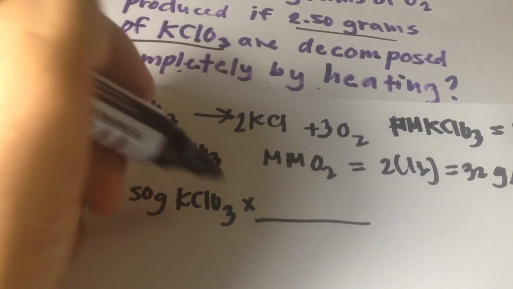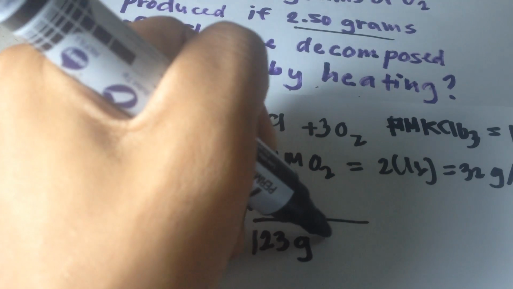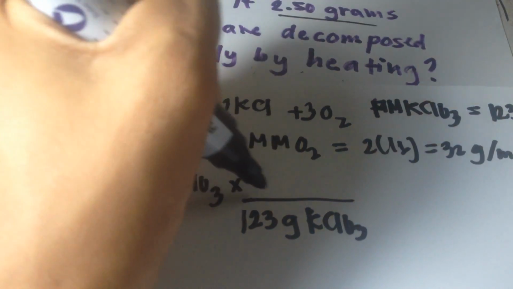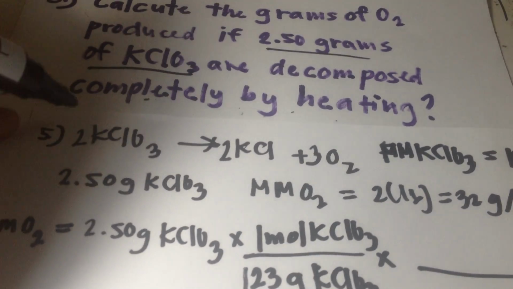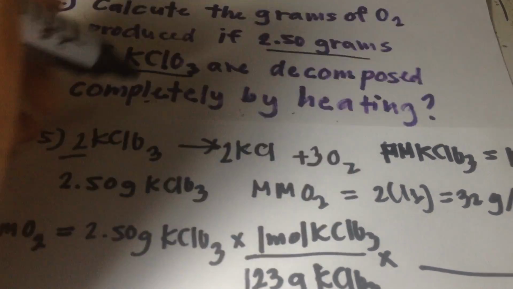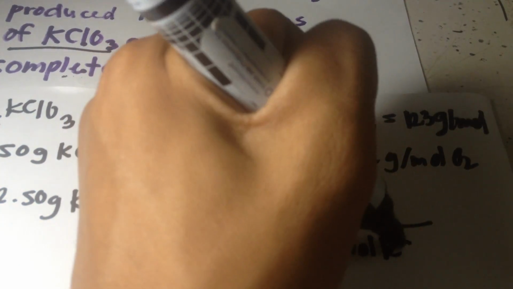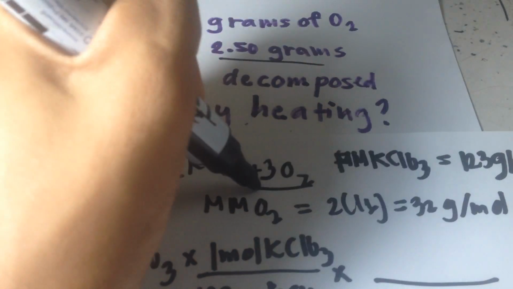So divided by 123 grams of potassium chlorate times 1 mole of potassium chlorate, times the ratio, 2 moles of potassium chlorate to 3 moles of oxygen gas.